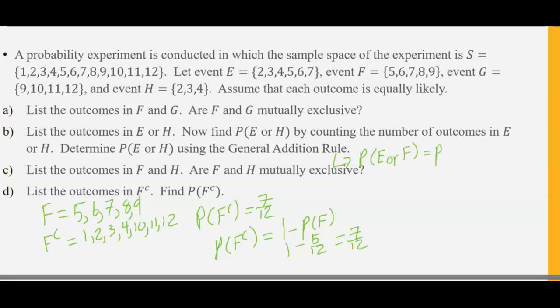It's simply the probability of each one added together and then subtract the intersection of those two events, if there is anything. Sometimes there's not. So the probability of E or F, general addition rule, would be the probability of E plus the probability of F minus the probability of E and F.